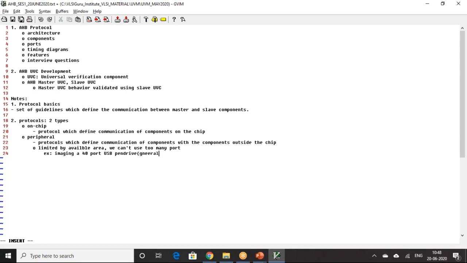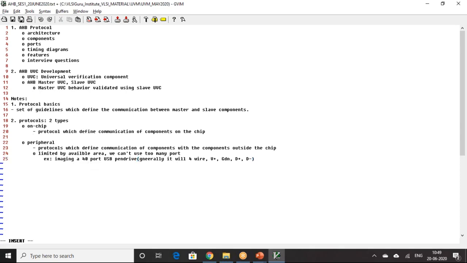Generally it'll have four wires, right? One is V plus, voltage, ground, D plus, D minus. That is what you see in the USB. But imagine a USB pen drive with 40 ports. It will be as big as one side of my laptop. Hence, they're limited by the number of ports.